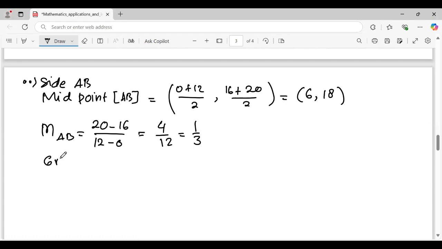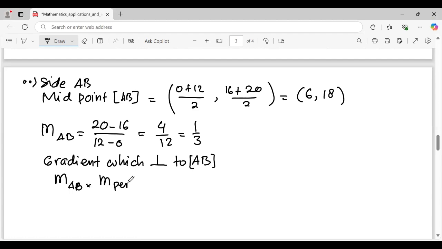And after that, the next step, gradient AC, same as the previous side, is perpendicular to AB. So gradient AB multiplied by the gradient of the perpendicular line equals minus 1.